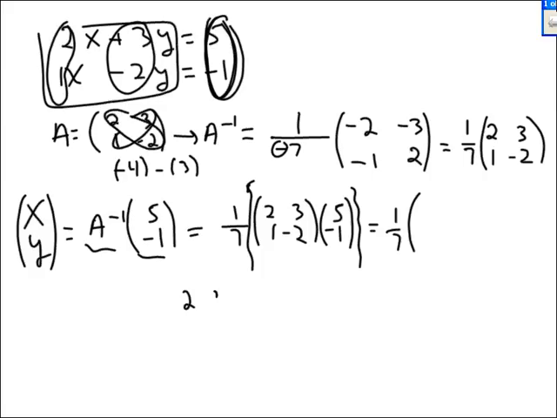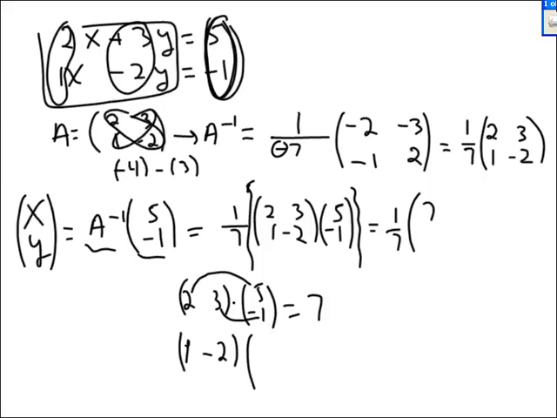When you dot the first row with the first and only column, you get 10 minus 3 or 7. When you dot the second row with the first and only column, you get 5 plus 2, which is 7.